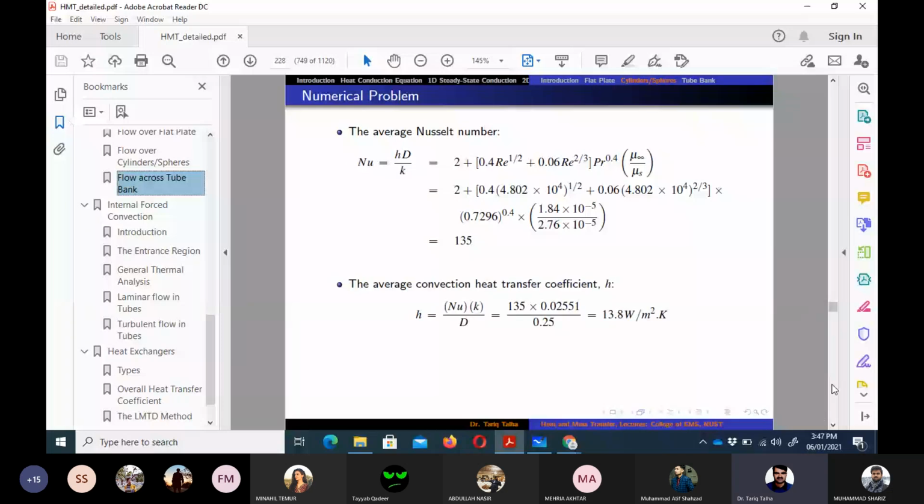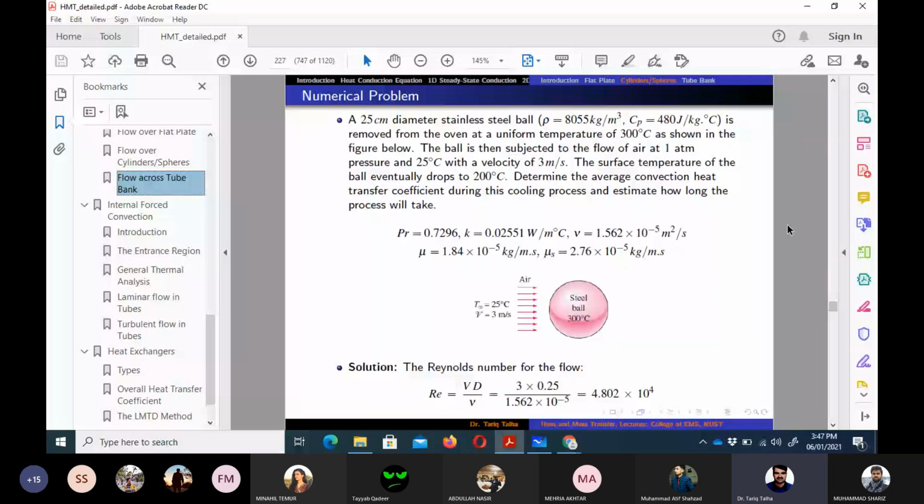So if we calculate h value, that comes out to be 13.8 watt per meter square Kelvin. Right. So once we get the average convection coefficient, the first part has been done. And it told us that we need to calculate the average convection coefficient for this flow and then estimate how long the process will take.